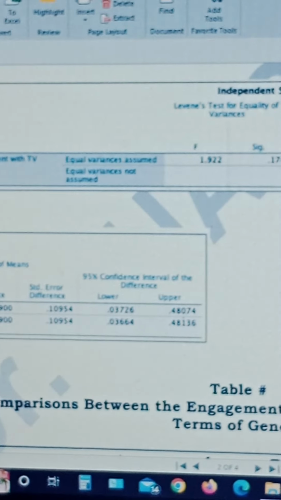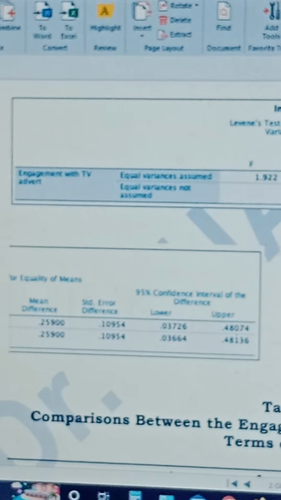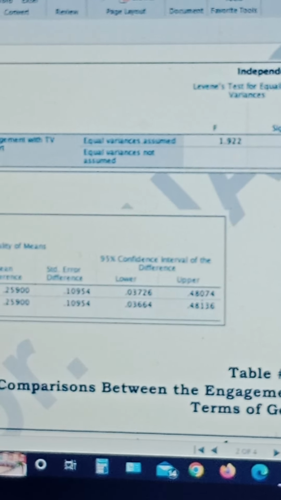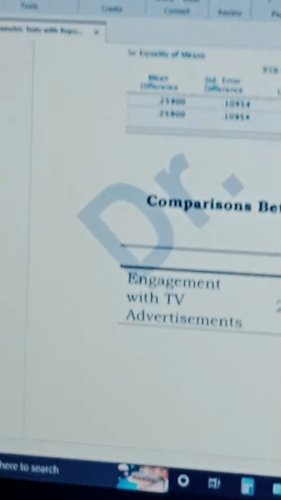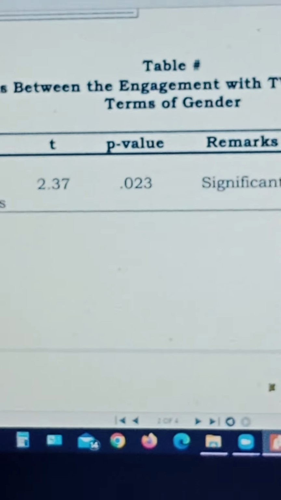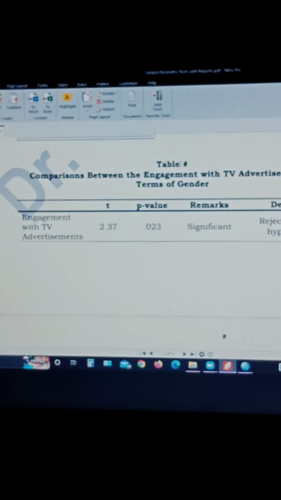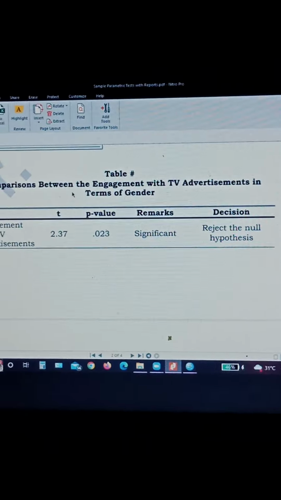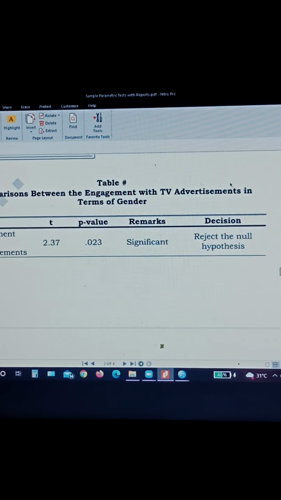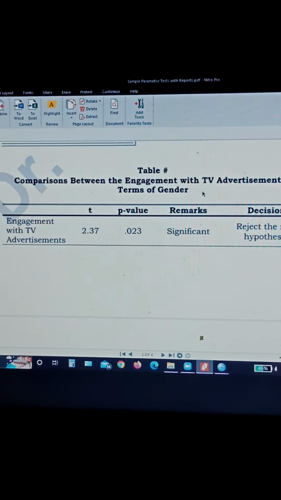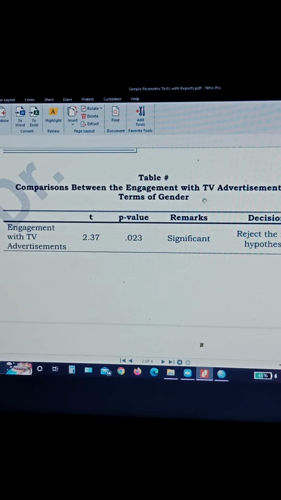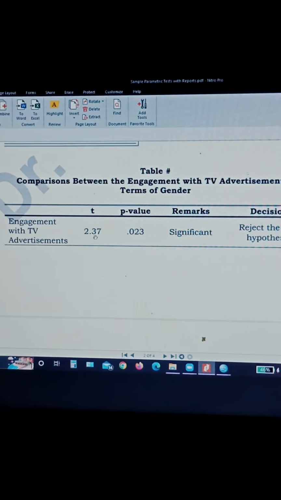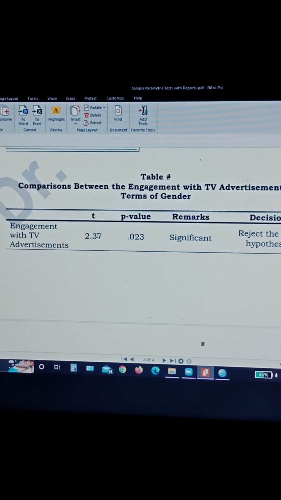So how are we going to write our report for this particular test? We summarize it into this table. Table number 2, for example, comparisons between the engagement with TV advertisements in terms of sex. The T was 2.37, again two decimal places here.